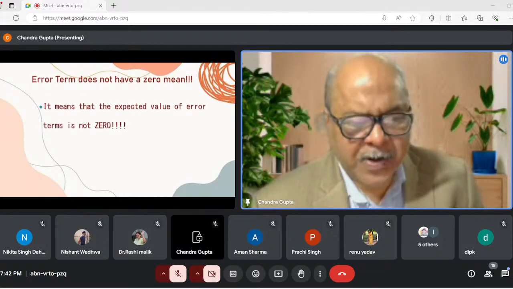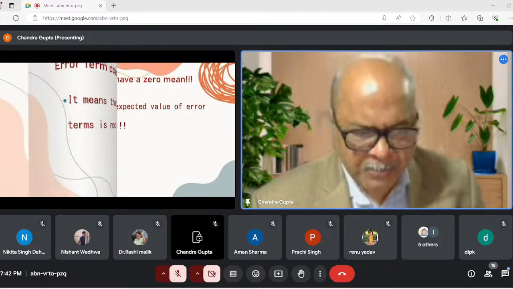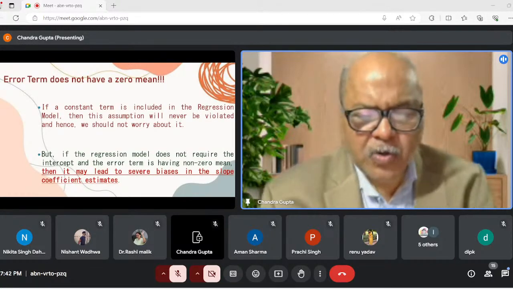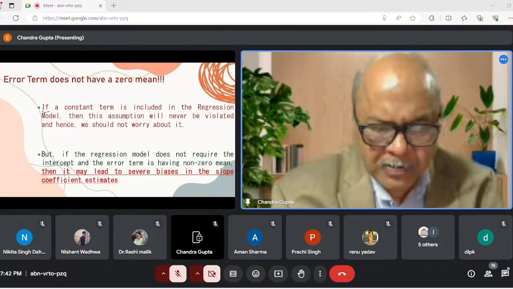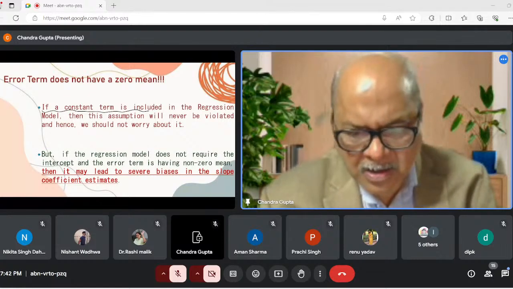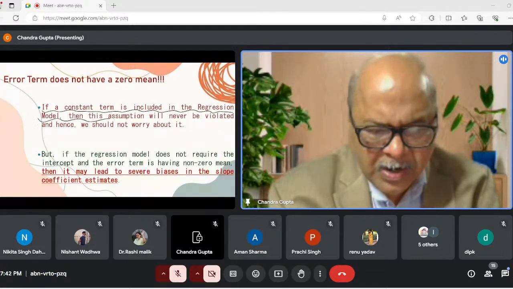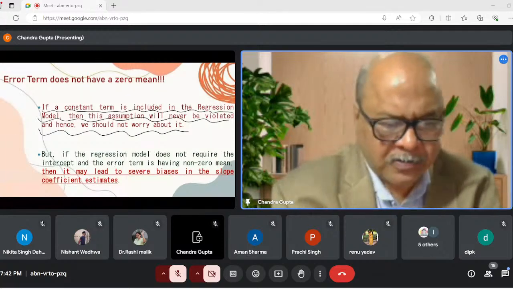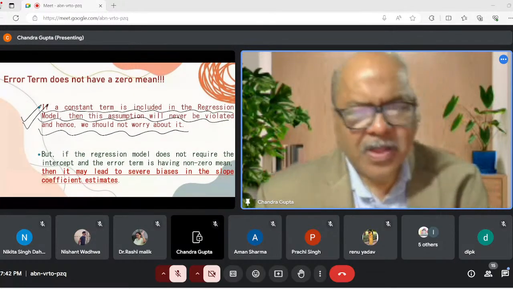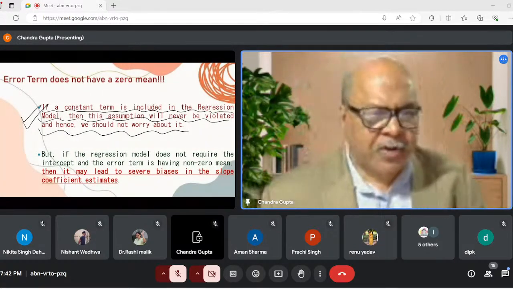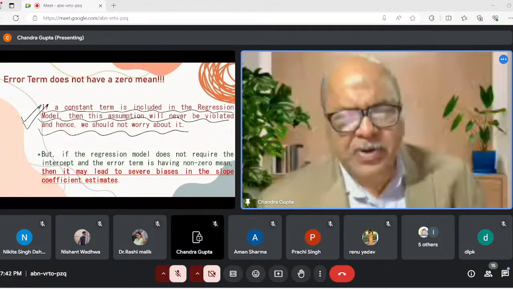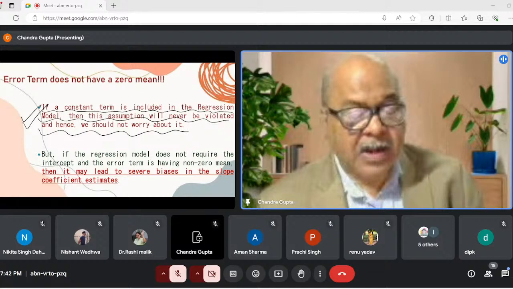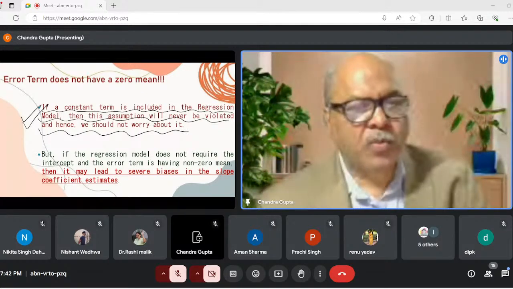It means that expected value of the error term is not zero, and if a constant term is included in the regression model, then this assumption will never be violated and we should not worry about it. But if you do not have an intercept term or the alpha term in the model and the error term mean is not equal to zero, then you will be in trouble.